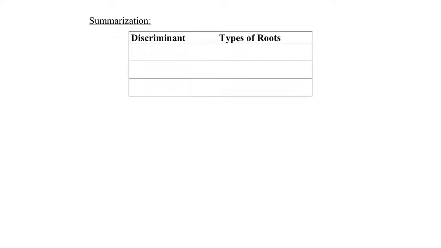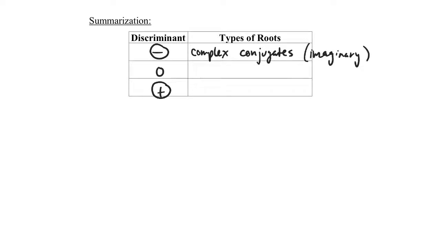So we have 3 types of cases here we just talked about. The discriminant can be negative, it can be 0, or it can be positive. When the discriminant's negative, our roots are complex conjugates, i.e. imaginary, and we get 2 of them.